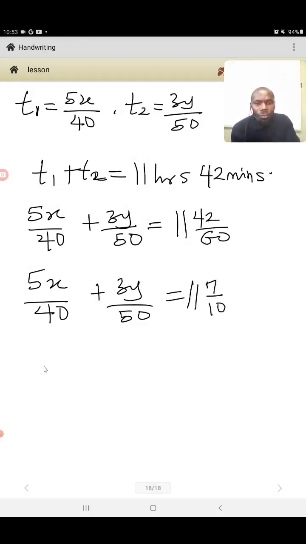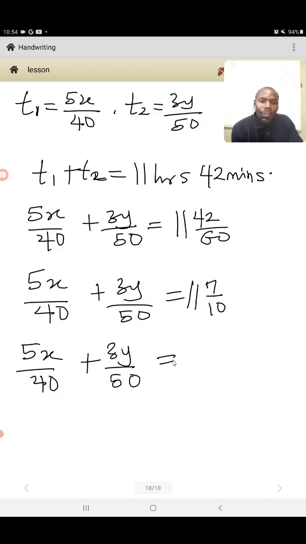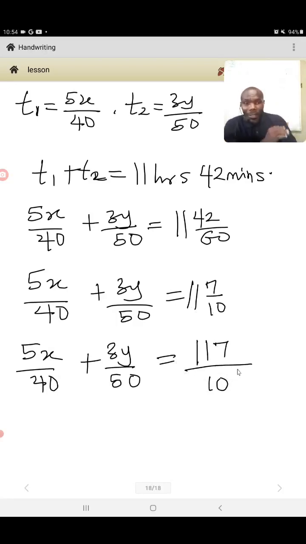So we rearrange it to have 5x over 40 plus 3y over 50 is equal to, 10 times 11 gives you 110, plus 7, that is 117 over 10.